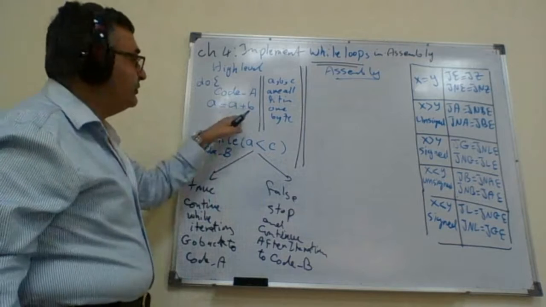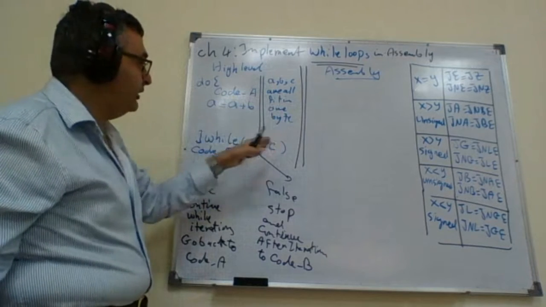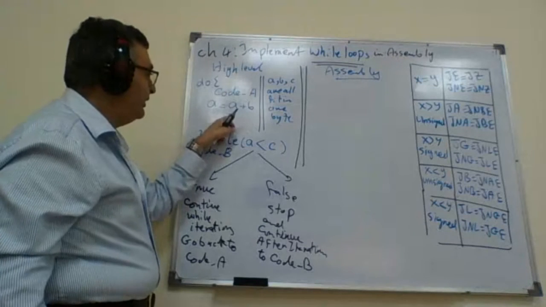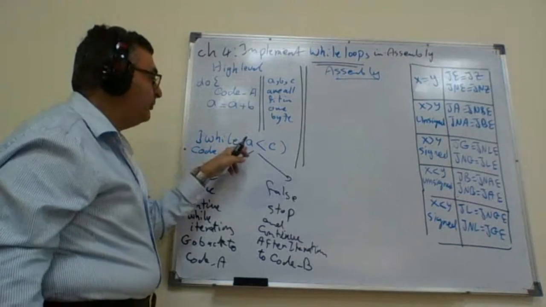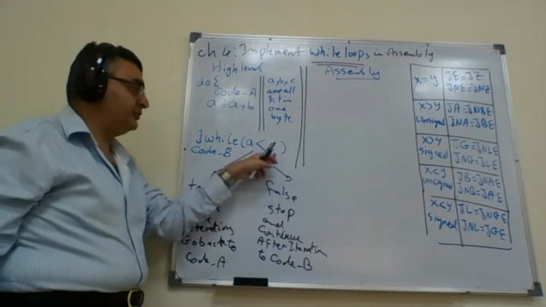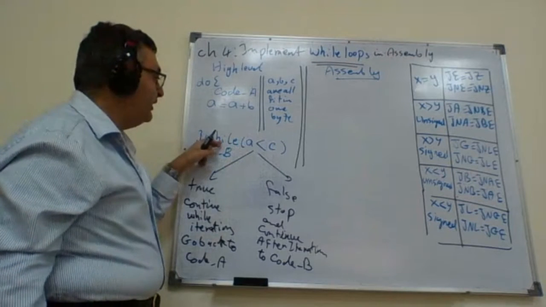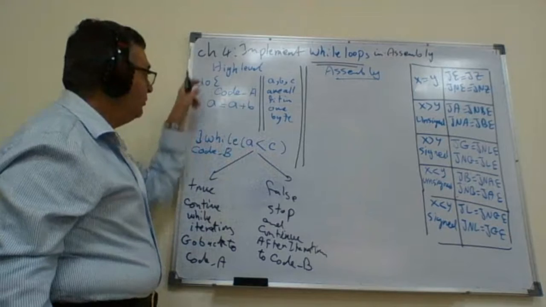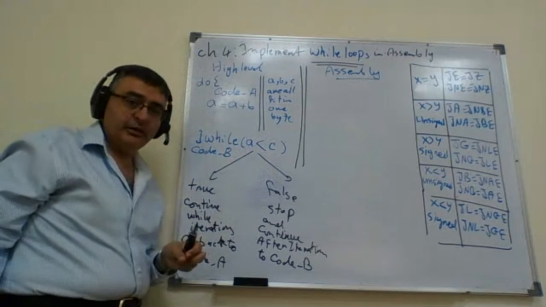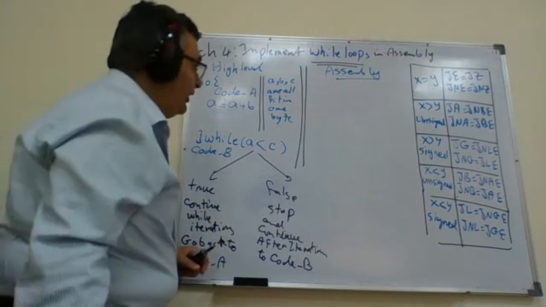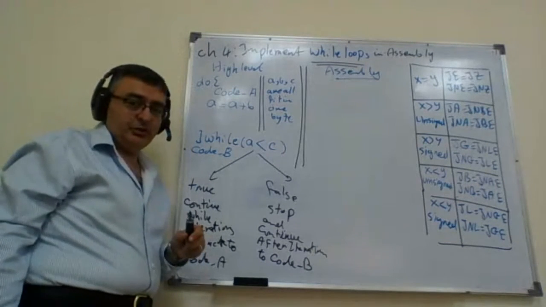So according to this assumption, each time I'm adding B to A, I will get a new value for A. I'm comparing A to C. While A is less than C, I will continue in the loop. How can I perform this in assembly? Now we have to make some assumptions.